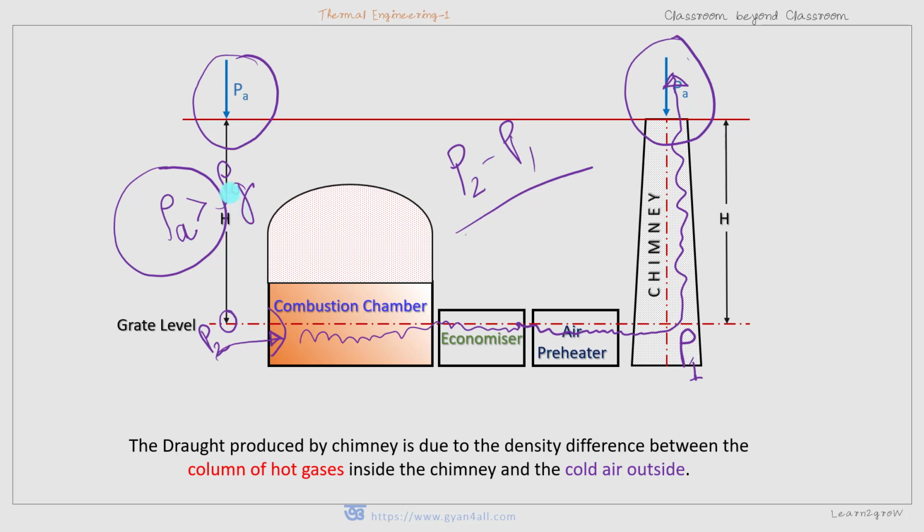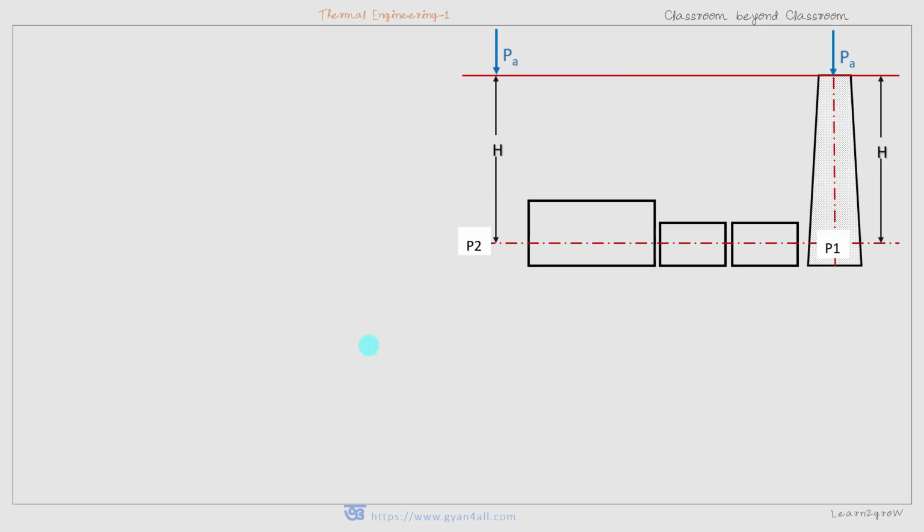This is the main cause of flow of hot gases that we are going to discuss. So this is pressure P1 and this is pressure P2.